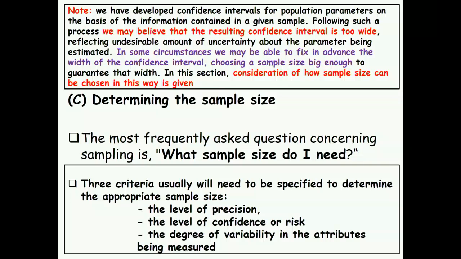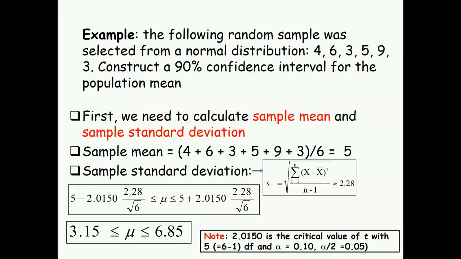In some circumstances, we may be able to fix in advance the width of the confidence interval, choosing a sample size big enough. In all the examples that we did, a big sample size matters. If the sample size is large, the confidence interval is narrow, and the information is useful. Instead of saying between 3 to 6, you might say between 4 and 5.